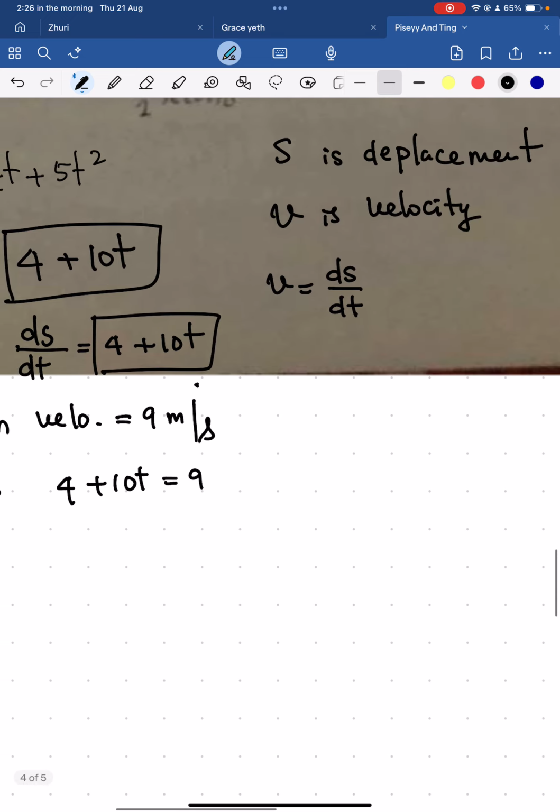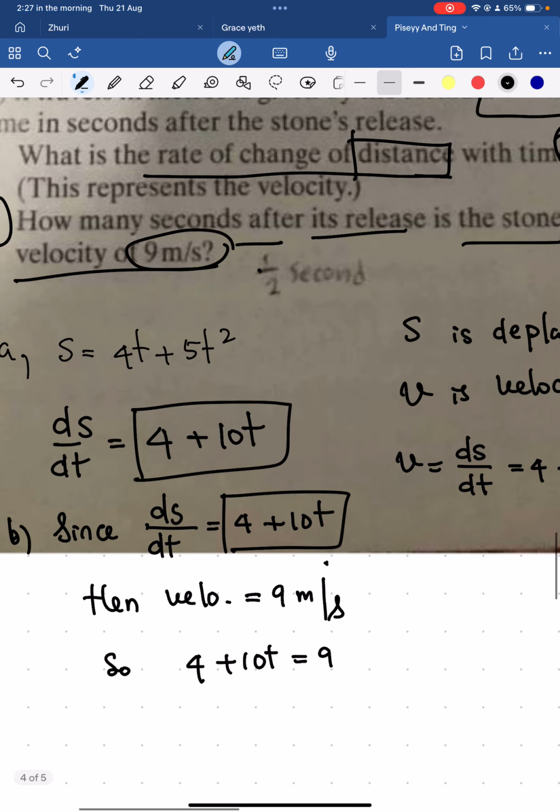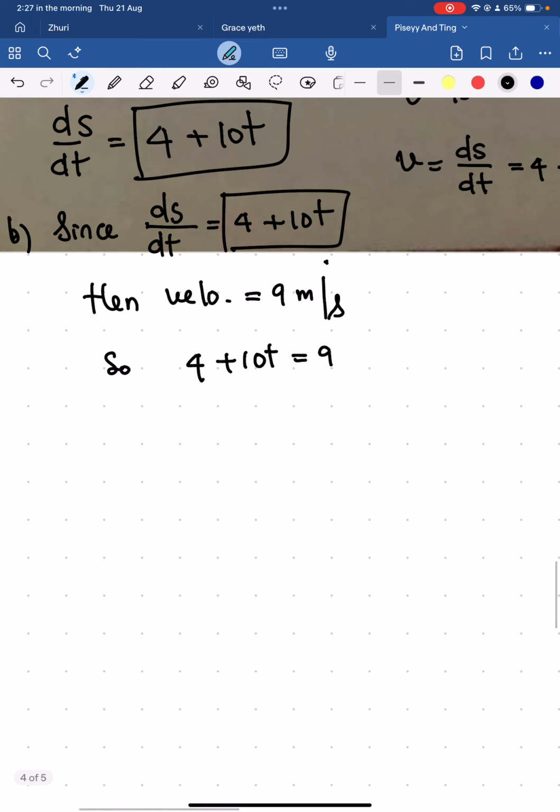When they say v, we can use 4 plus 10t, which means this velocity. And if we want to know at what time the velocity equals something, here they want to know at what time the velocity equals 9, the same as the seconds after it's thrown from the air.